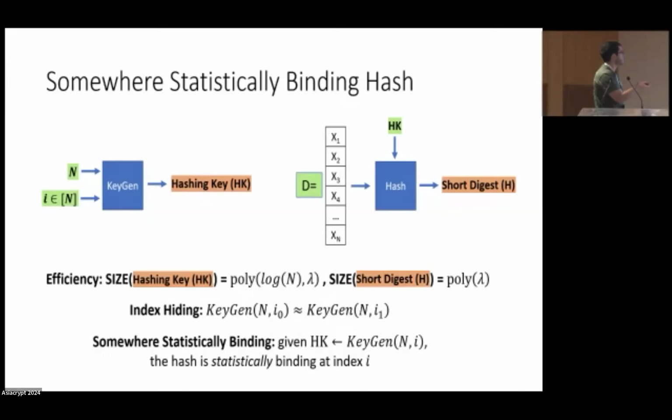And then there is a hash algorithm that creates a short digest on input a large vector. And the size of the short digest is independent of n, the size of the vector. And the size of the key is polylogarithmic in n. And we want index hiding, meaning that keys with different binding indexes are indistinguishable.